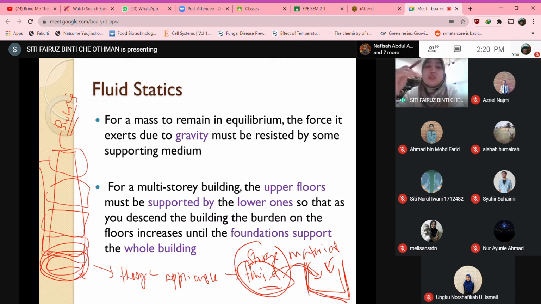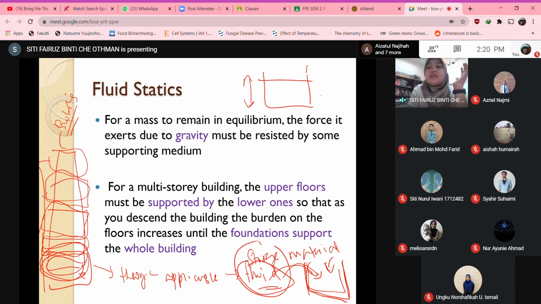So that's why you need to understand. There are ways to calculate the pressure of each floor of a building, and for fluid, let's say this is a 1 meter high tank, you will be able to measure the pressure at each height.